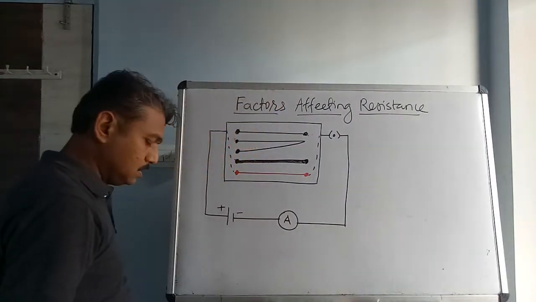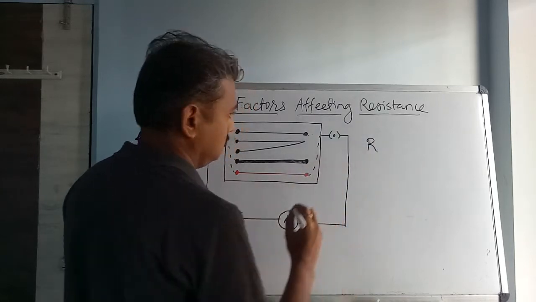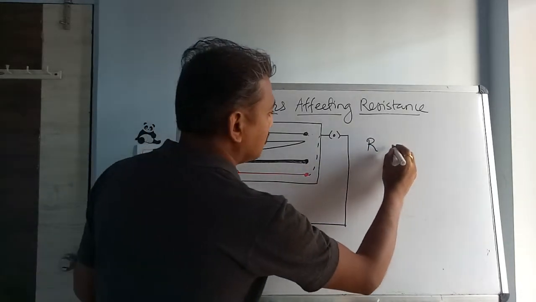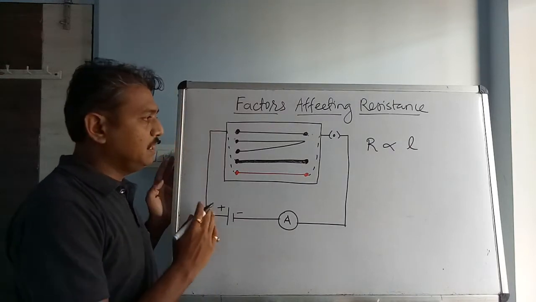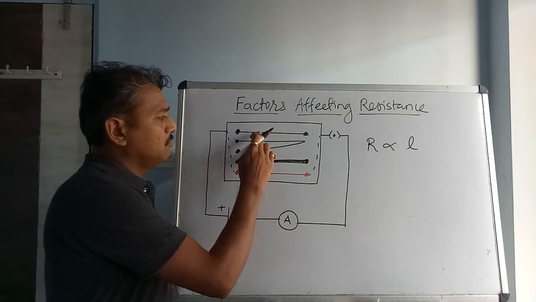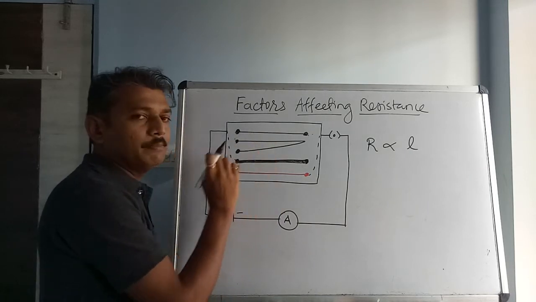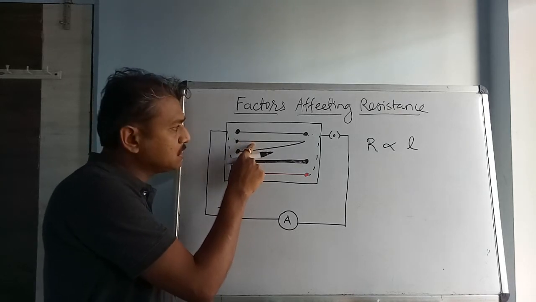With this, we can say that R is directly proportional to the length. We have seen that in these two cases, if you compare, the length is twice here, and in comparison with this, the length is half.